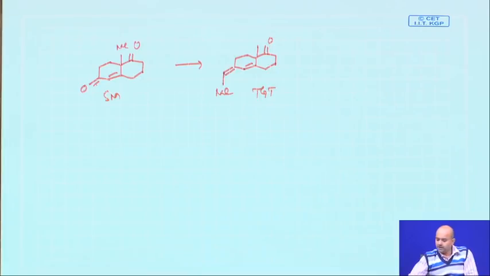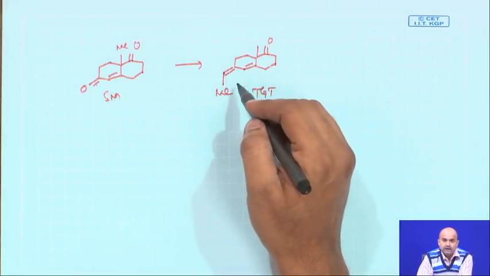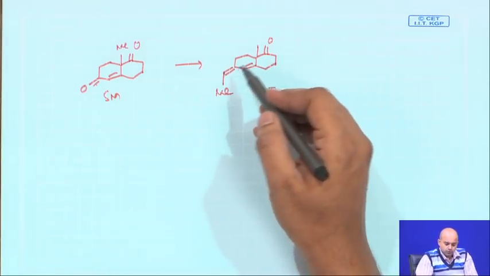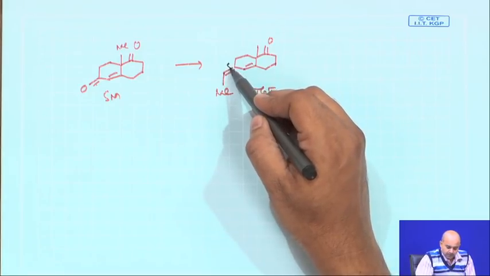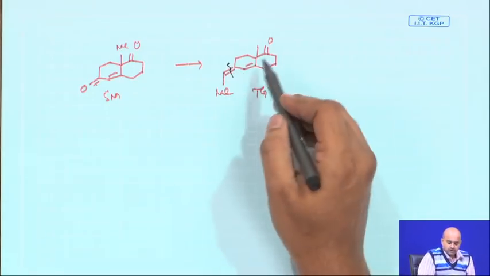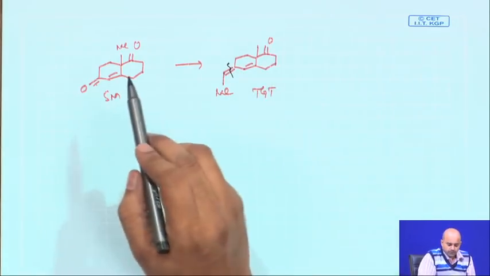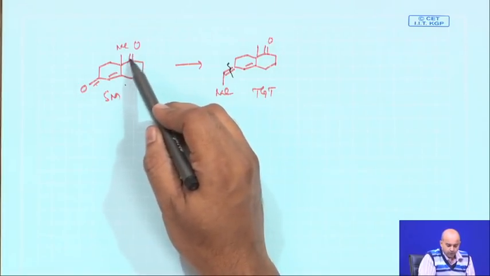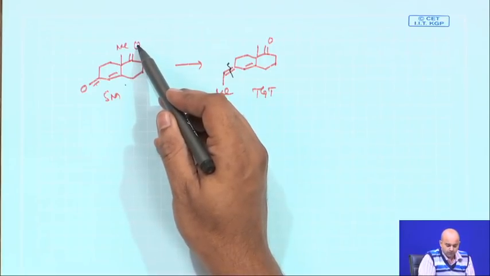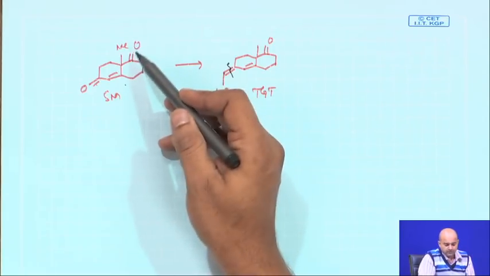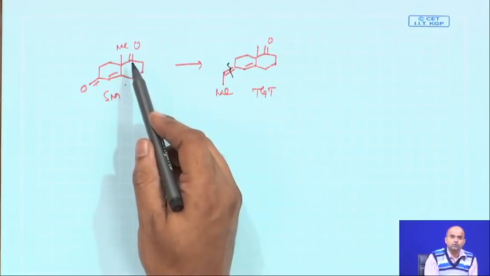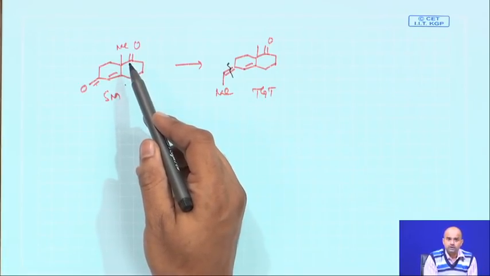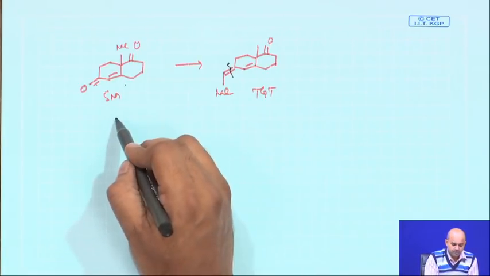Looking at the starting material and target, the only reaction we need is a Wittig kind of reaction. Now, if you simply do a Wittig reaction here, the saturated ketone might react faster, because the saturated ketone is obviously much more reactive. This ketone needs to be protected at the very beginning.